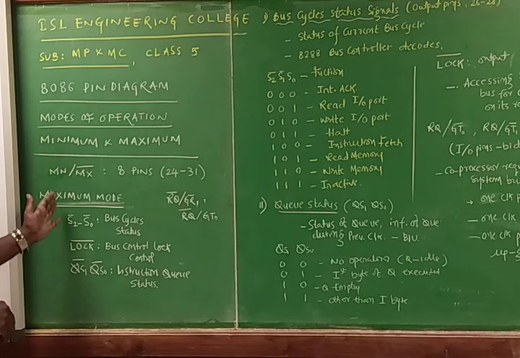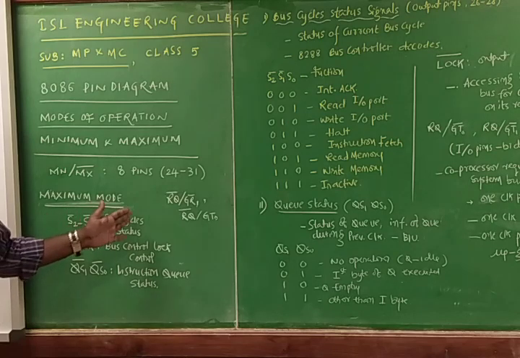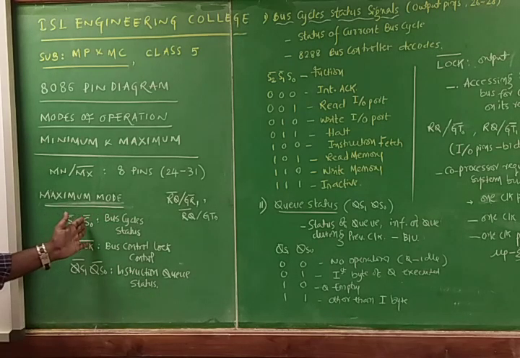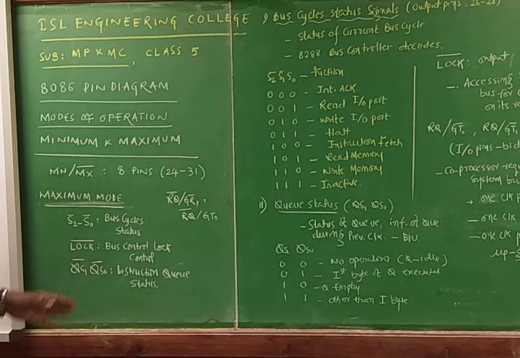The first 3 pins give the information about the bus cycle status. These are the 3 status signals S0, S1 and S2, which give the status of bus cycles. Coming to the second signal, that is the lock signal.